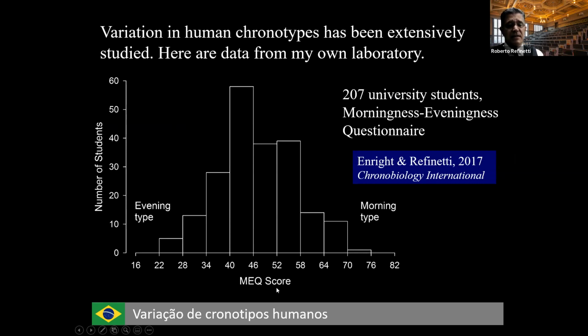In this case, a lower score means evening, higher scores mean morning. We didn't get the typical, almost normal distribution that you get in a very large population. But then again, college students tend to be a little on the evening side, and that's what we got, a little more to the evening side than in the middle.